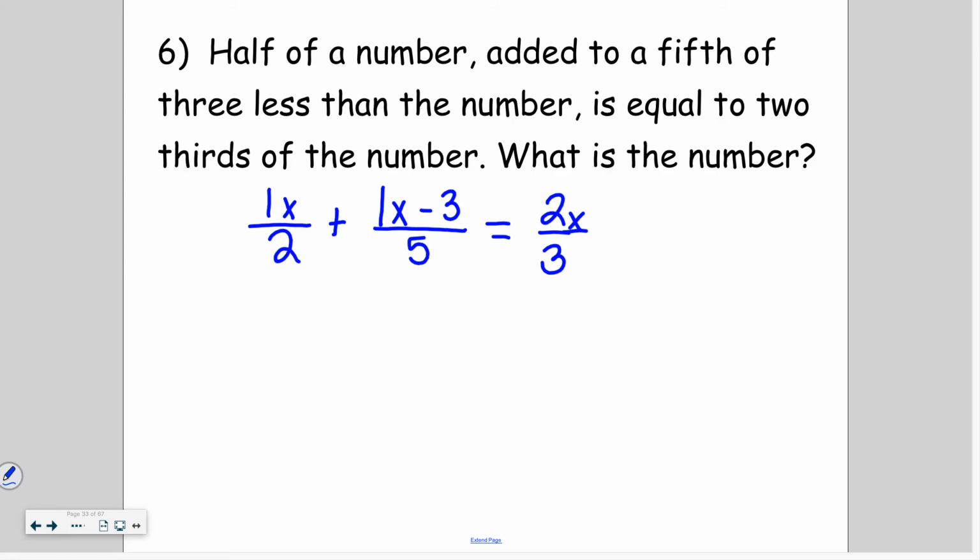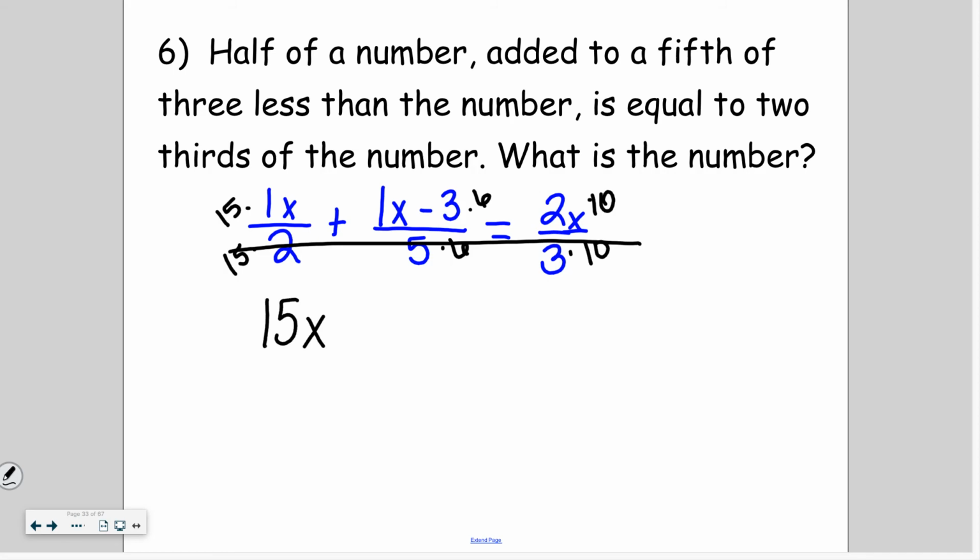What's the number? So we need a common denominator. So 2, 5, and 3, it's going to be 30. Multiply by 15. Multiply by 6. Multiply by 10. That will give us the same thing all the way across. Then we have 15x. Distribute that 6 to the x and the negative 3. So plus 6x minus 18 is equal to 20x.